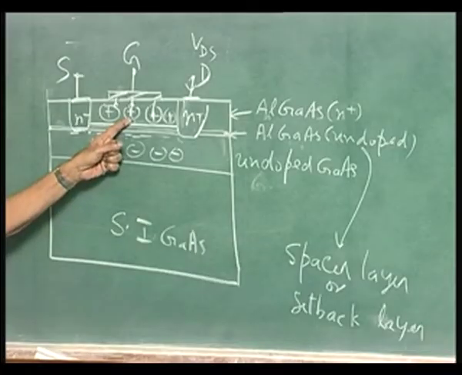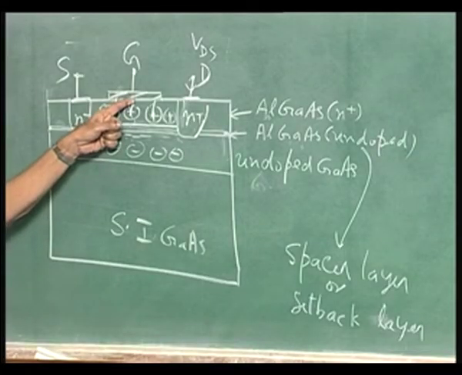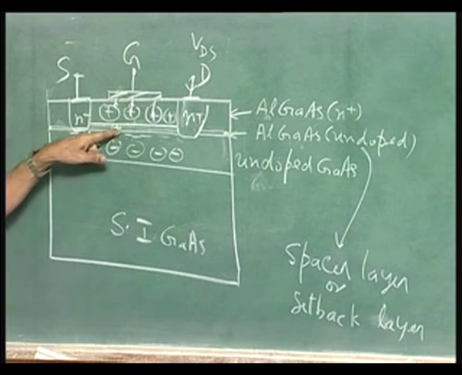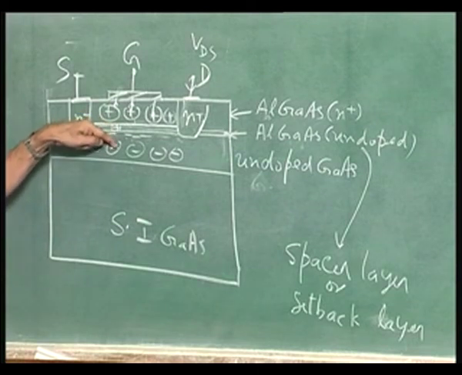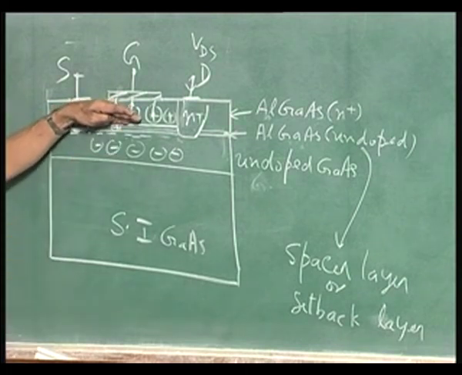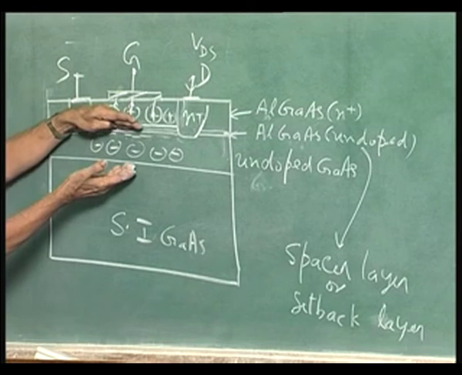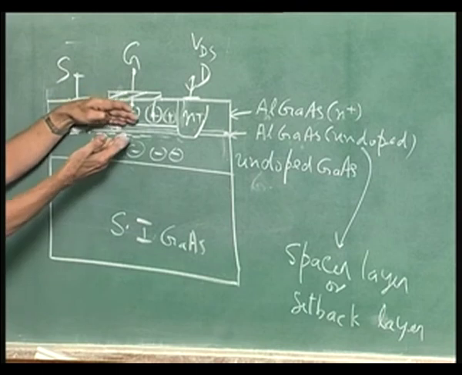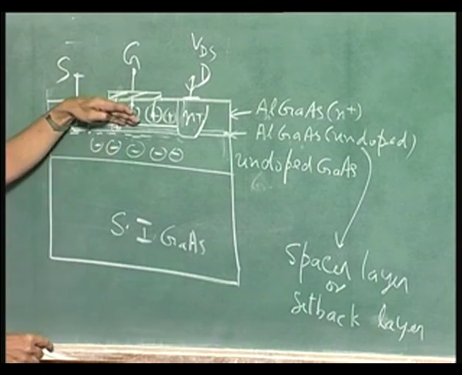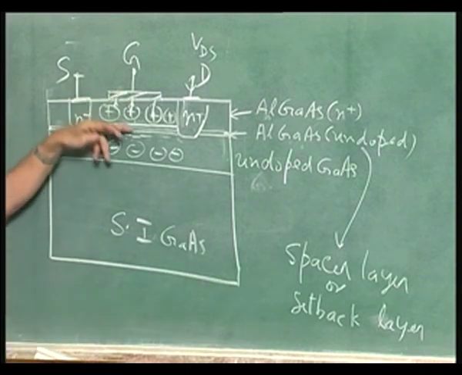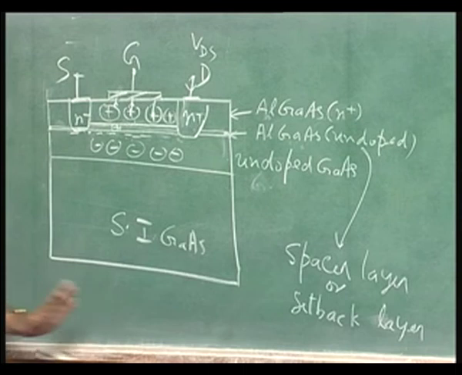The field lines here are terminating onto the metal. Depletion layer of the Schottky barrier is going like that. Whereas the field lines from here, where are they terminating? Down. See, this is the heterojunction that we have been talking so far. So, you have a MOSFET along with this heterojunction. This heterojunction has plus charge here, minus charge here. So, the field lines like this here, field lines like that, and once the depletion layer merges with that, you are safe.